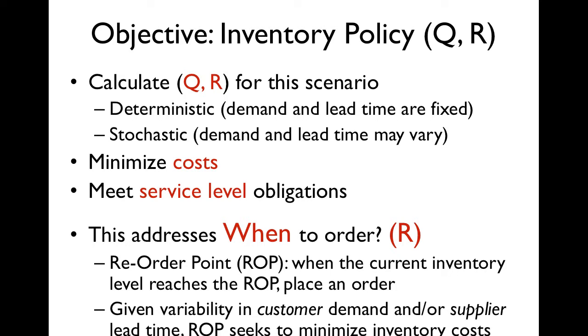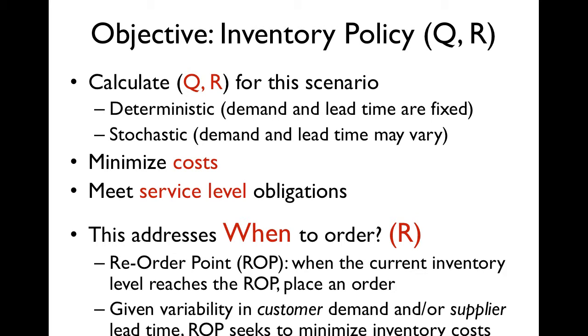We're going to look at R a couple of ways. A deterministic viewpoint, meaning we know everything about demand and lead time, and then a stochastic model where demand and lead time could vary. We still want to minimize costs, and we still would like to meet our service level obligations. And remember from the problem that the distributor had a desire of an 80% cycle service level.